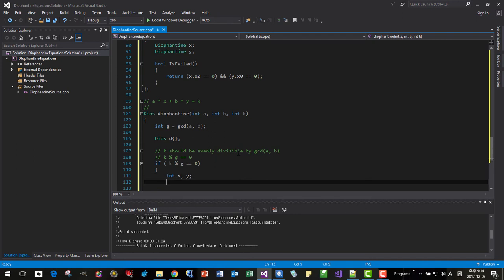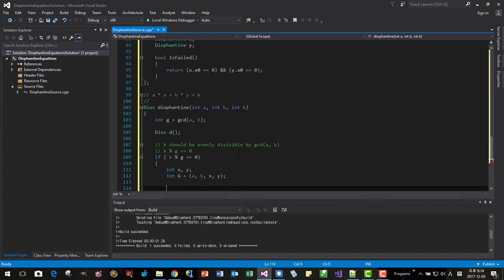Then we can have the equation int x, y. We solve int z. Actually we don't need g, but I will try it anyway. No problem. And a, b, x, y. I will say g like this.